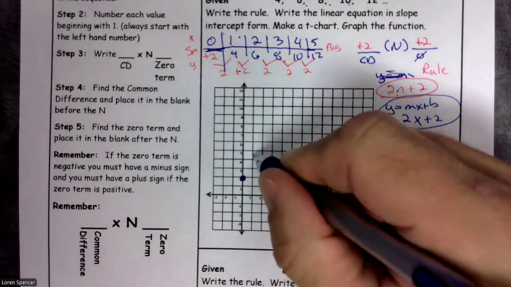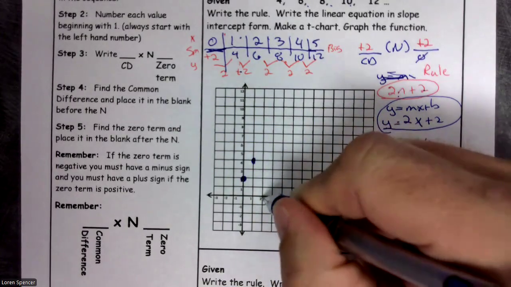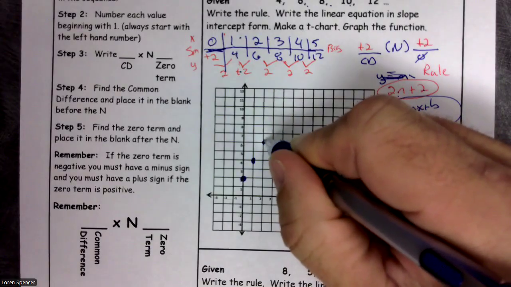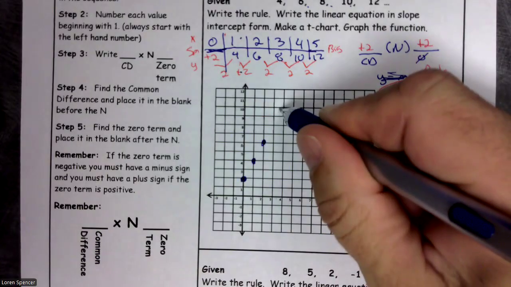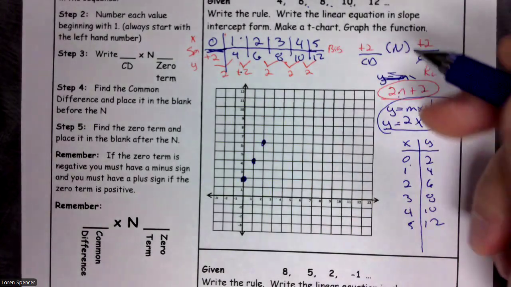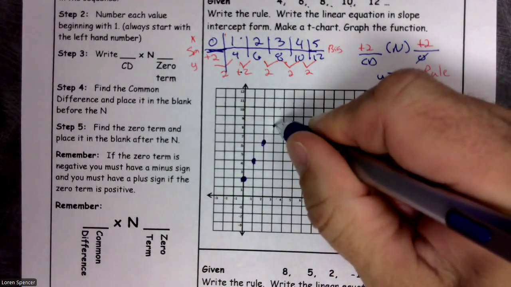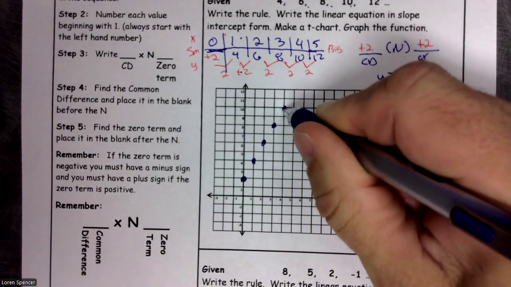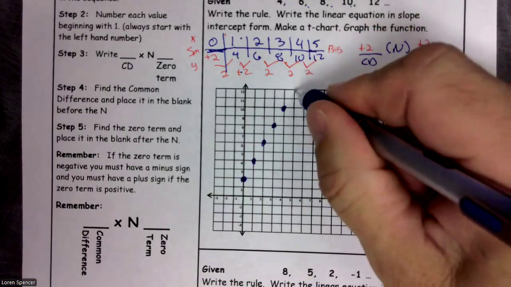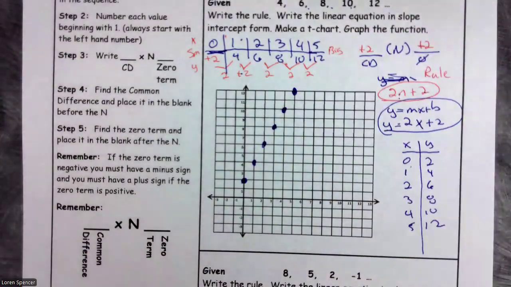At 1, we have positive 4. At 2, we have positive 6. Oh, excuse me, at 3, we have positive 8. I skipped 3. At 4, we have positive 10. And at 5, we have positive 12.